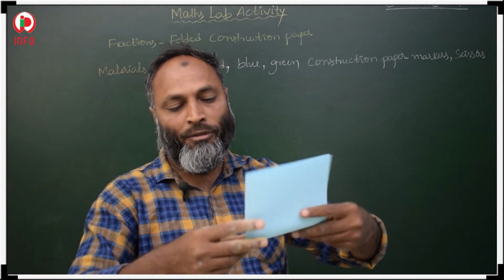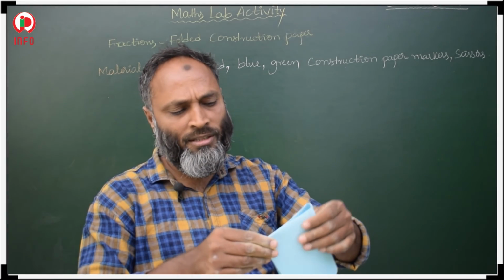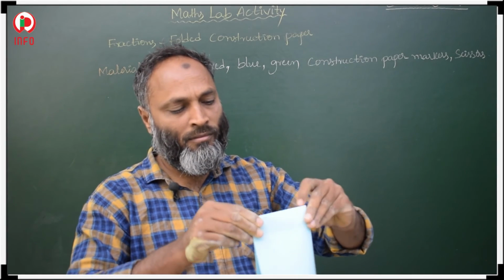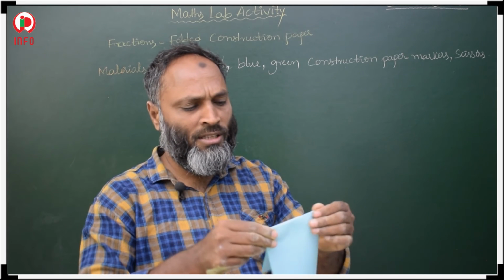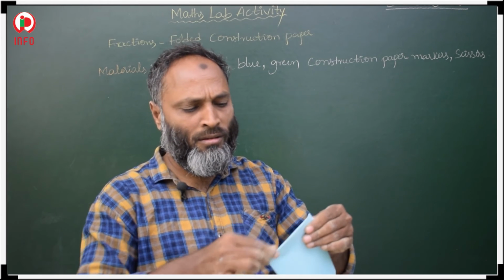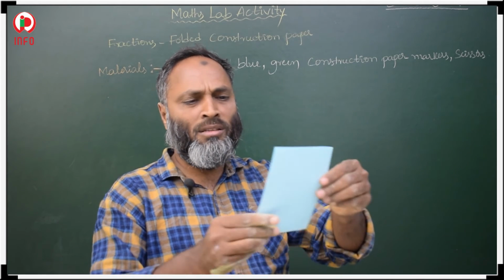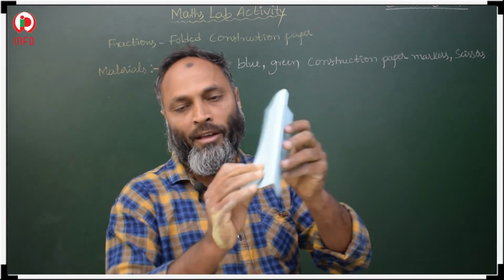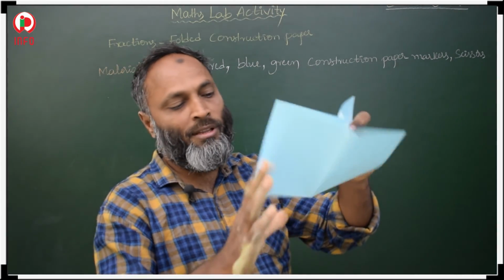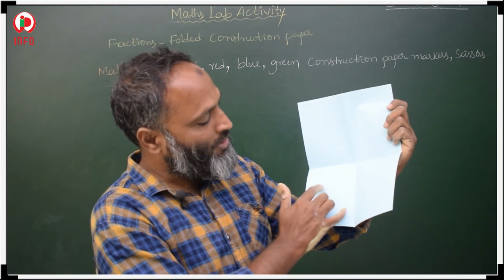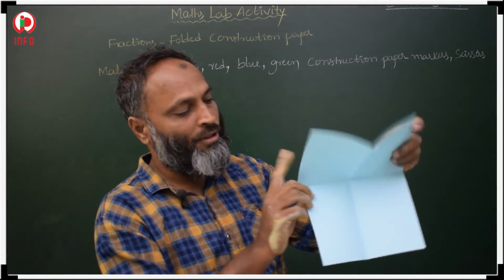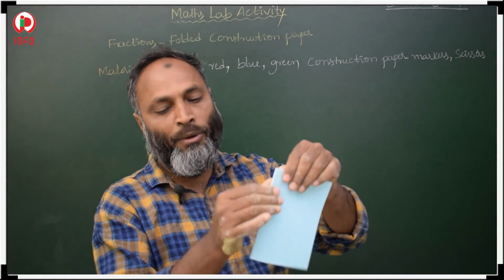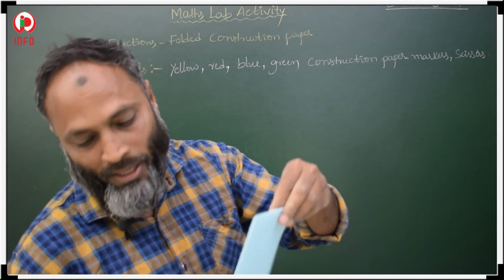If you fold one more time, what is it? So, 2 times we folded. If we folded 2 times, how many shapes? 1/4, 1/4, 1/4, 1/4. If you fold 2 times, the part is 1 by 4.